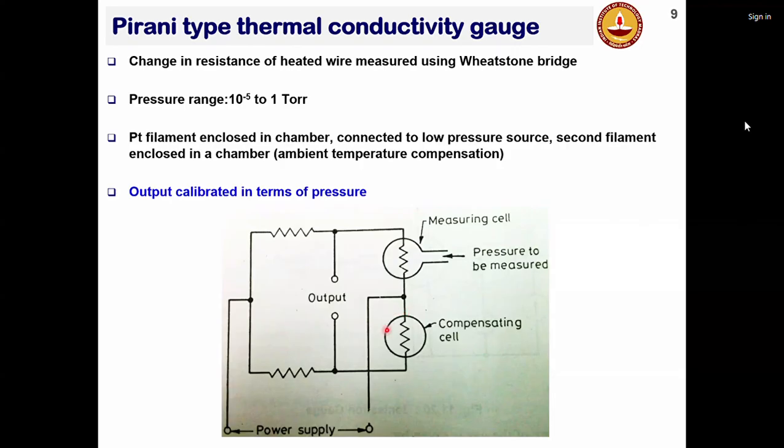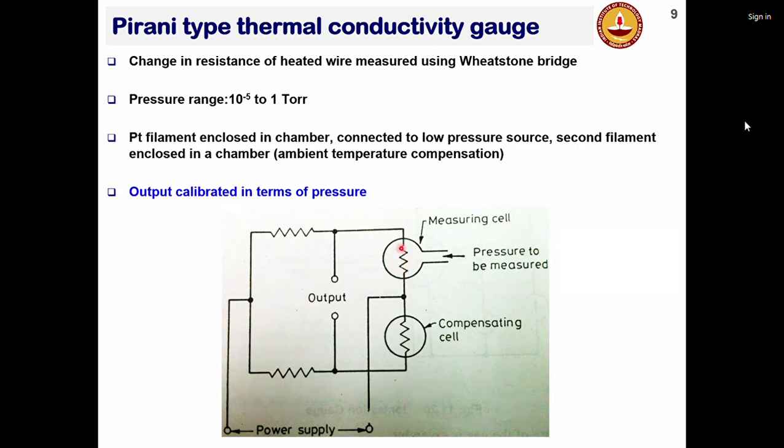The second coil is for temperature compensation. It addresses any ambient temperature fluctuation, because whatever fluctuation this sees, the other will also see, so they nullify each other. Now, you are supplying some voltage, so some current goes through, and that is resistive heating.